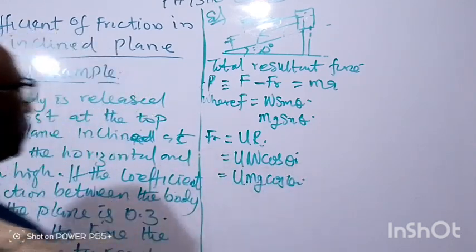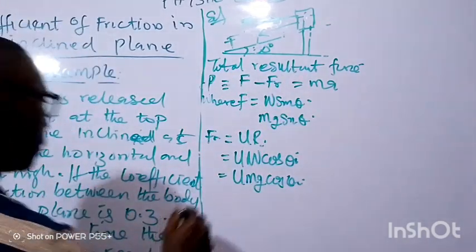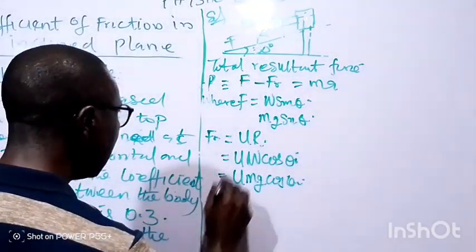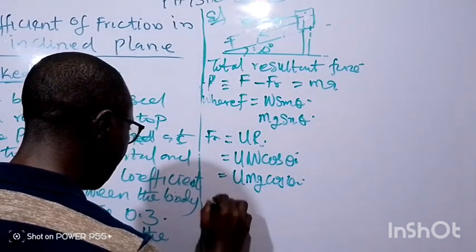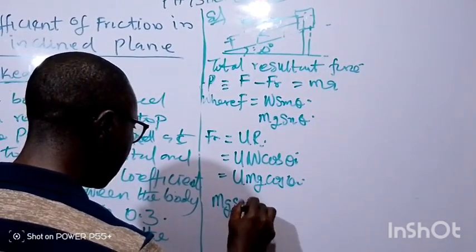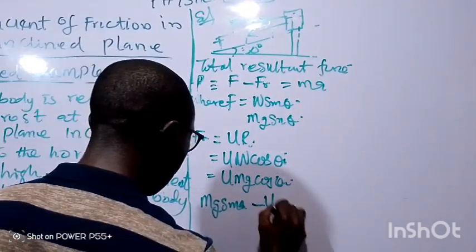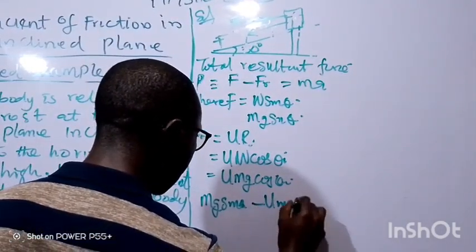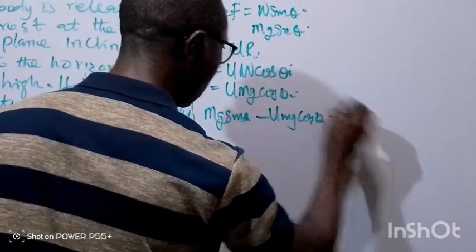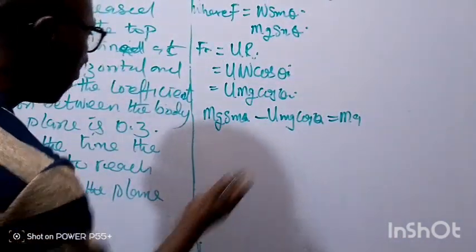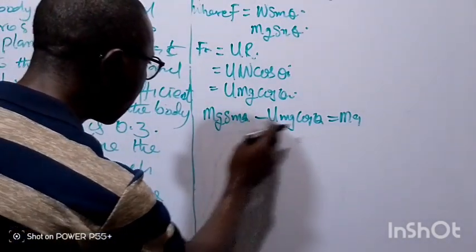Now, put in all this, so our F is mg sin theta minus mu mg cos theta equal to ma. Now, if you look at this equation, m is common and g also is common.